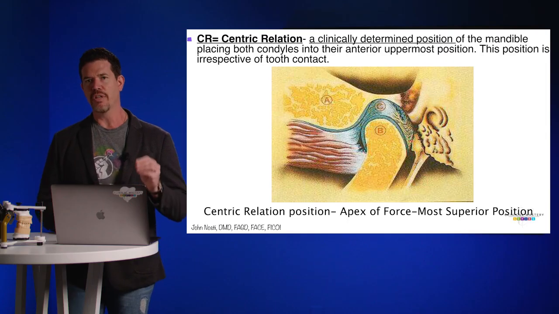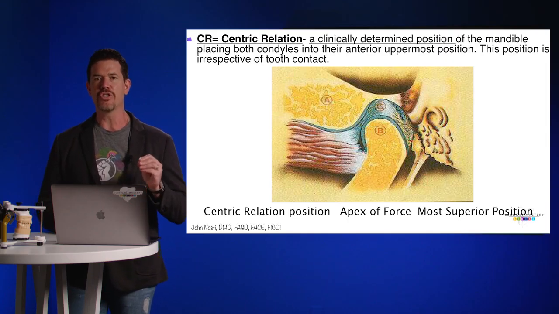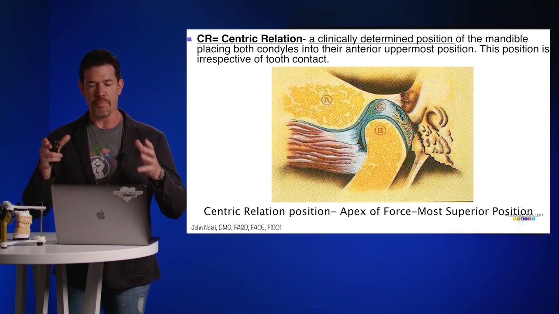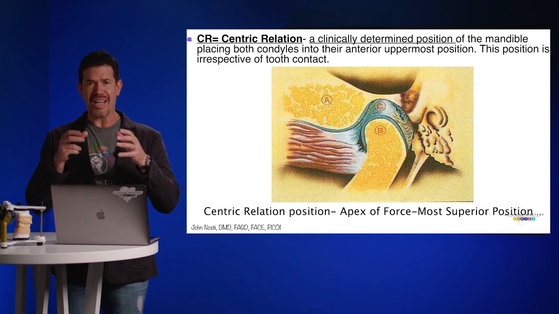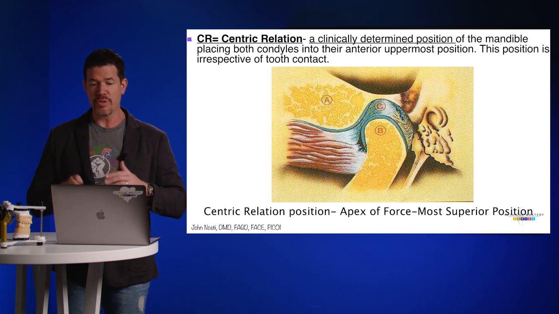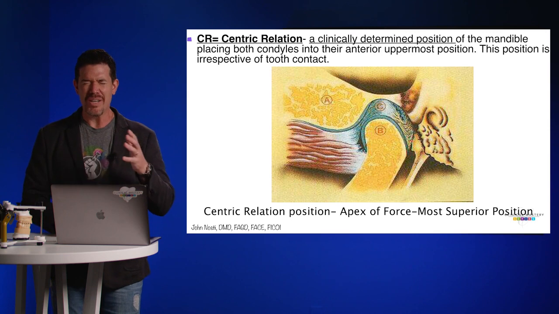First is centric relation. Centric relation is a clinically determined position. It's where the mandible on both sides places both condyles into their anterior uppermost position. And really, what is this? This is a joint position.